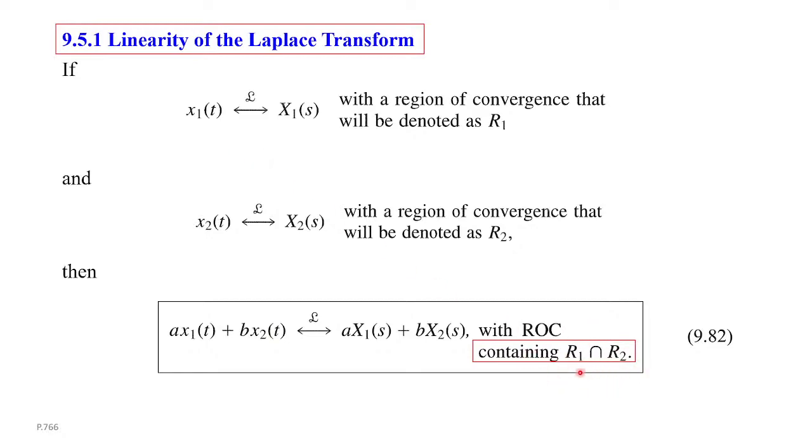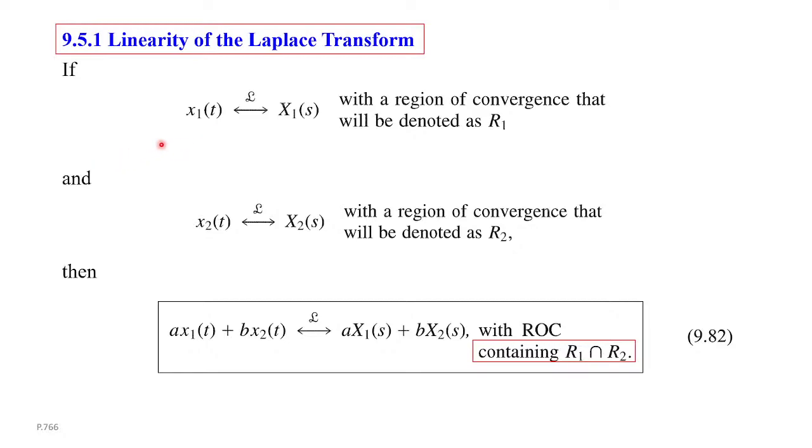In general, we will have this. And it's also a linear combination, so you can multiply by a number. You can probably infer from here that when you just multiply your signal by a number, the ROC doesn't change, unless the number is 0. But we ignore the degenerate case.